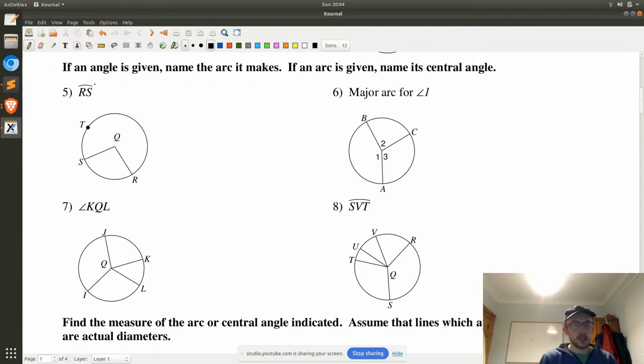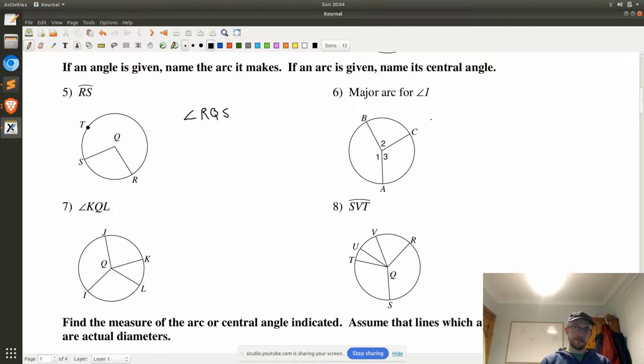So we're given the arc RS. And following the clockwise convention, the name of that central angle would be RQS. The major arc for angle 1.